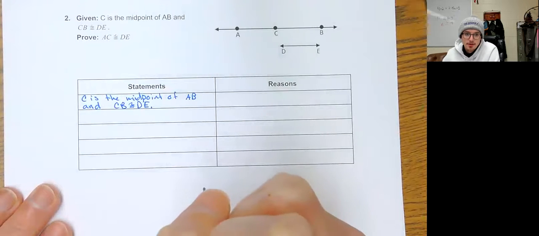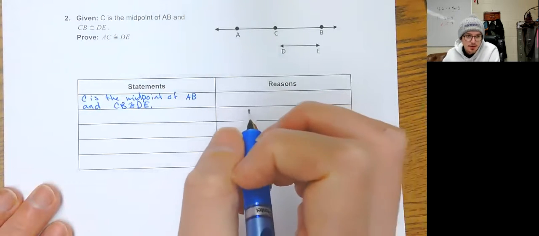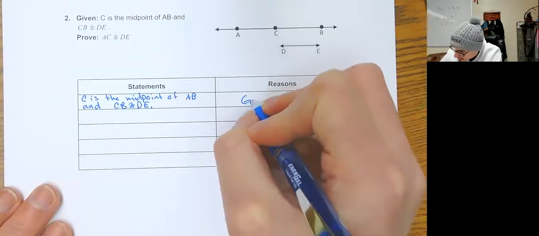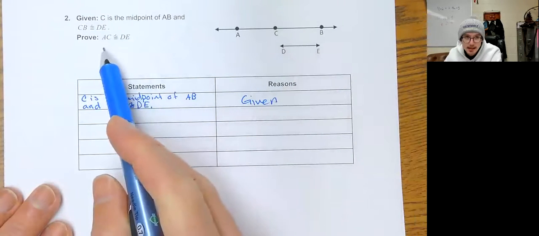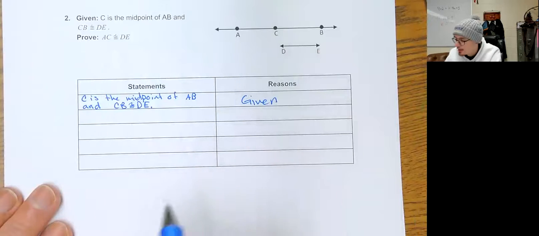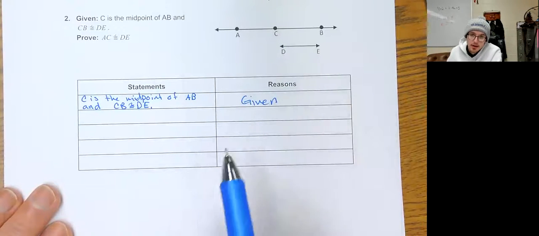Okay, so C is the midpoint of AB and CB is congruent to DE. That's all given. All right, we are going to try and prove that AC is congruent to DE. What we want to prove is this little piece is congruent to this little piece.